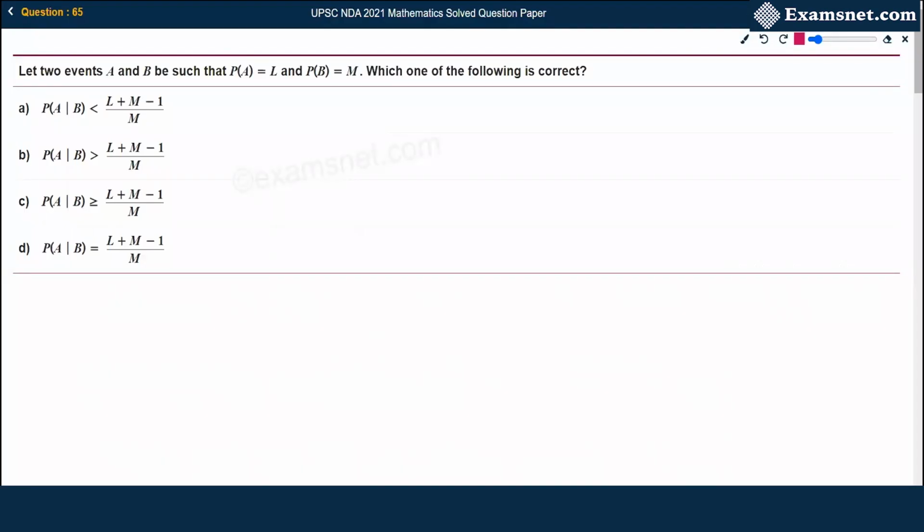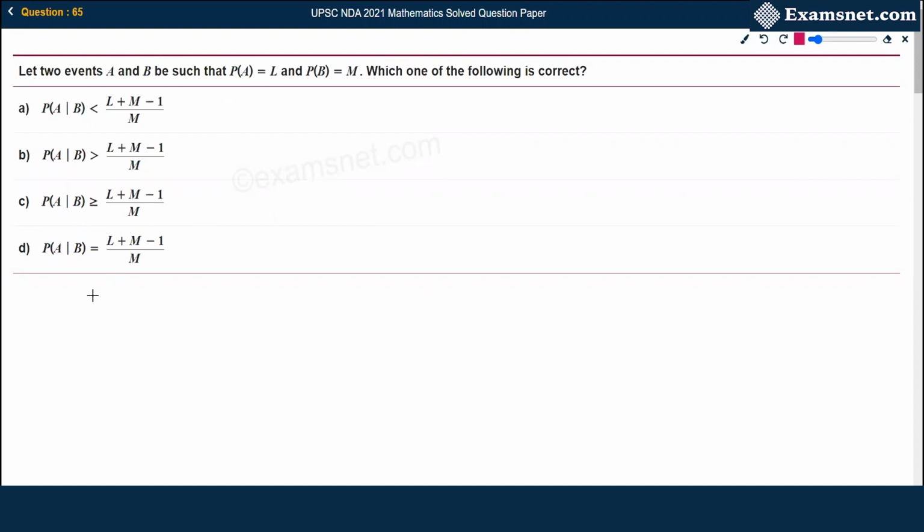In question number 65, it is given that two events A and B are such that probability of A equals L and probability of B equals M. Which one of the following is correct? So there are four statements given. We are required to show which one of them is correct.